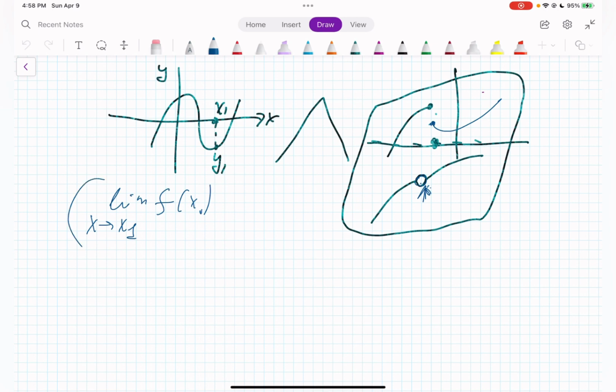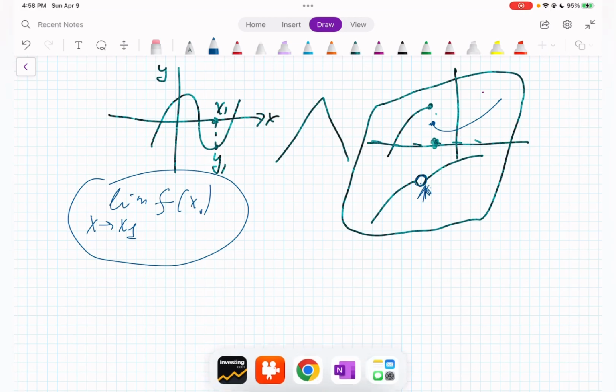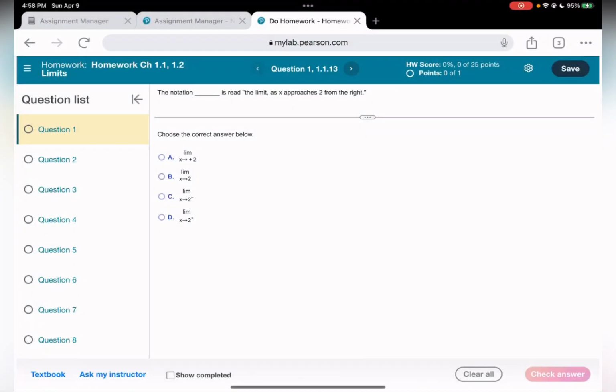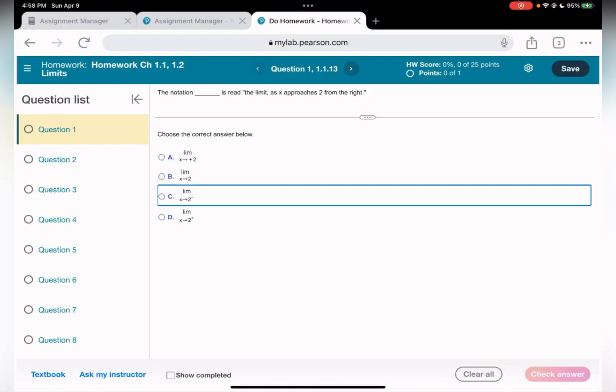So regarding this notation, you will learn this is going to be the notation and understanding of a limit. Let's work on the homework, and as I answer, you will learn what a limit means.